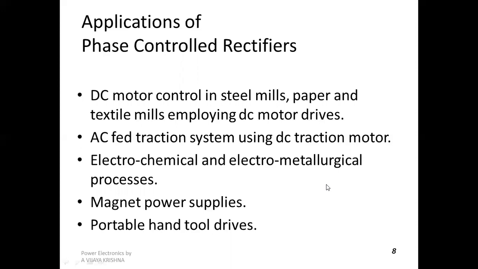After the 1960s, we are getting controllable DC power; before that there was no controllable DC. After the thyristor, the SCR, was invented, with gate terminals along with anode and cathode, thyristors are used for high power applications also.